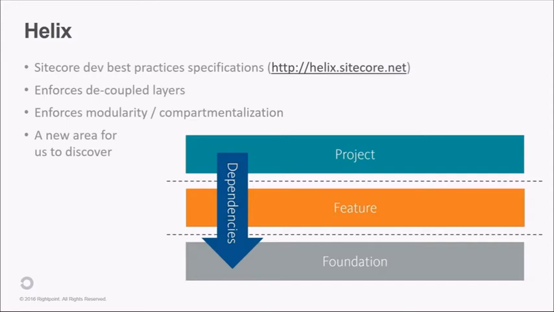And then the project layer is your business logic and what's specific to your website. So they're separated so that if you wanted to change out the UI of the front end of your provider search, that would be in the project layer module side of it.